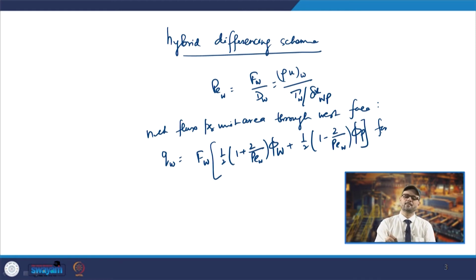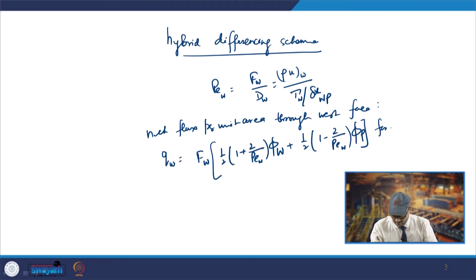So, when it is between minus 2 and plus 2, it has the effect of both phi w as well as phi p. That is why it is known as hybrid. It takes both these nodes into consideration in one case, and in other cases it will change.